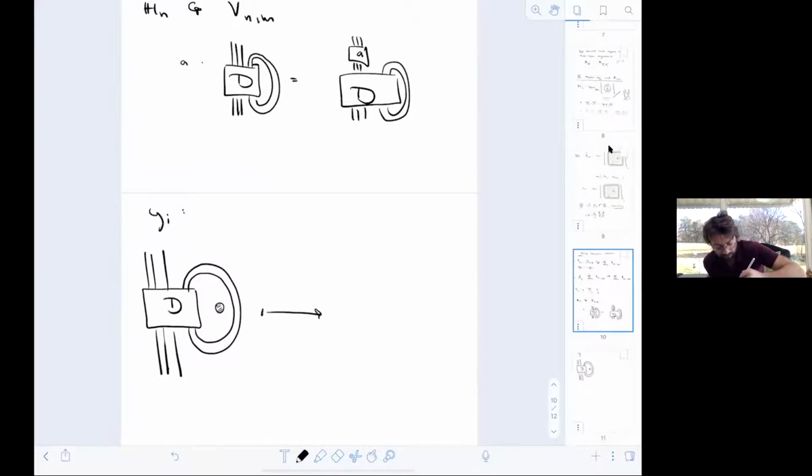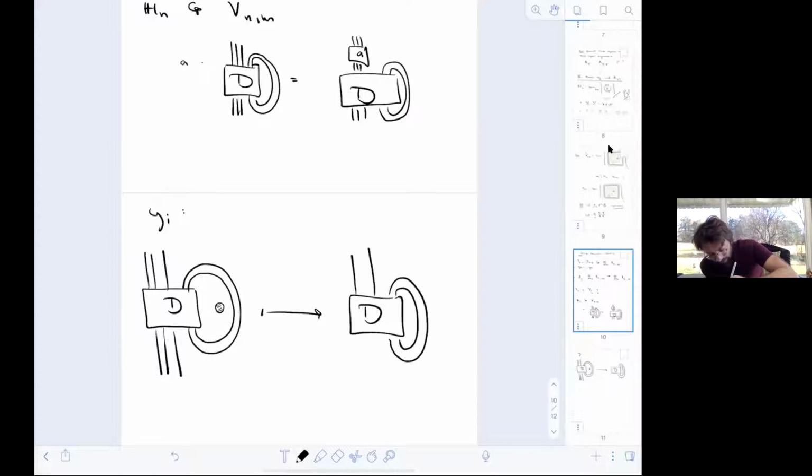What y does: it grabs the ith strand, winds it around the whole of the annulus, passes under all those strands, and restores it to its original position.